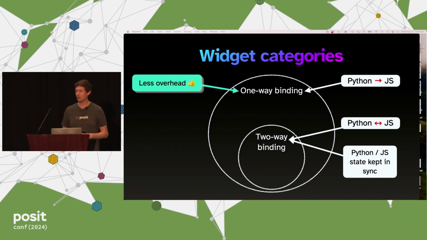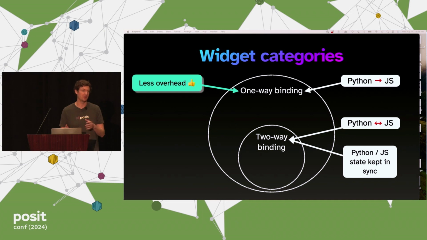One of the nice things about working with a one-way binding, as you can imagine, is that with the two-way binding there's a whole lot more complexity and overhead in passing data back and forth between Python and JavaScript. If the one-way binding does the job for you, that's a great option because you can do simpler things with it, like not even working in a notebook.